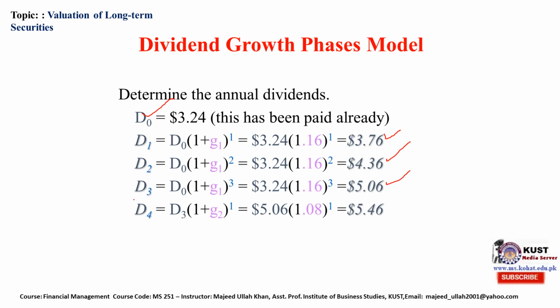But for dividend 4, since the growth rate has changed, we will use D3, this amount, as D naught, because this amount will now grow further at a rate of g2, which is 8%. Up till 3 years the dividend grew at 16%. Now this amount will grow at 8% in the next year. This is basically D4, which is required in our growth phase model.